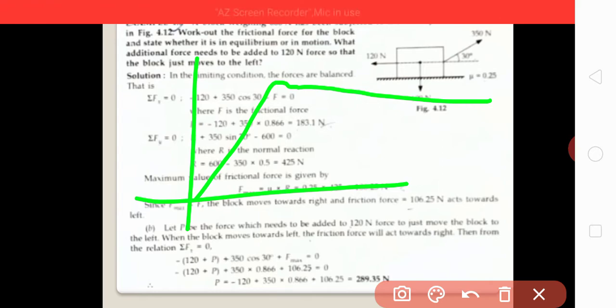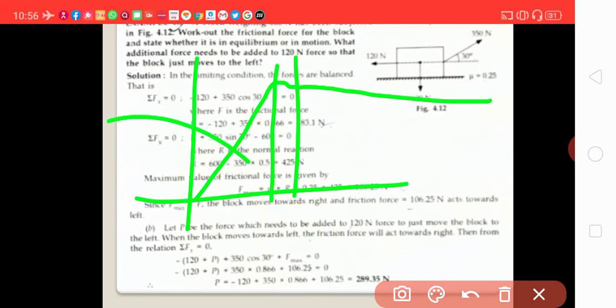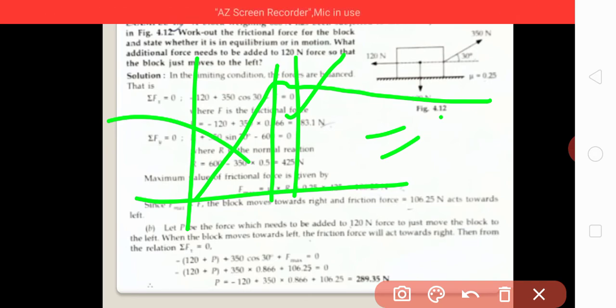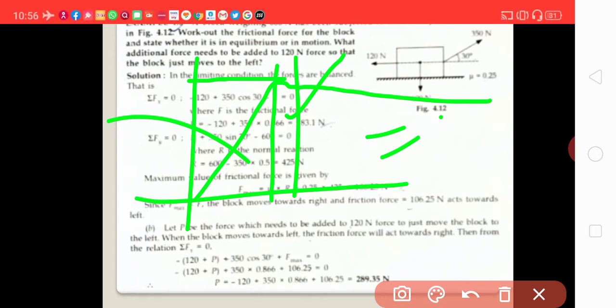We showed that there are three regions: the static region, a transition region, and the dynamic or kinetic region here. This is the maximum, beyond which the body will have a little bit of vibration and then start moving, and this is kinetic friction, which is just less than the maximum static friction.